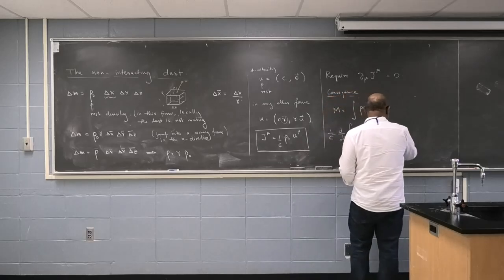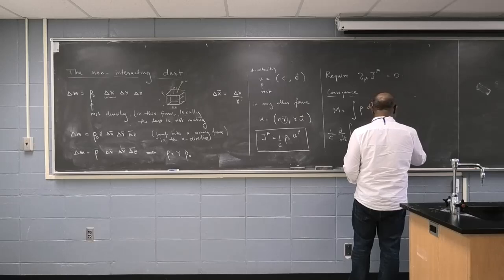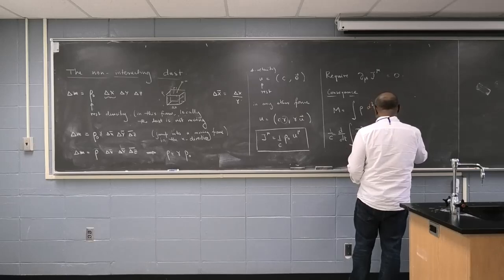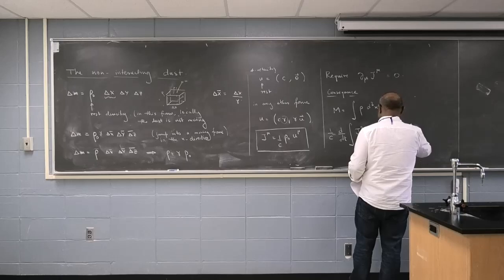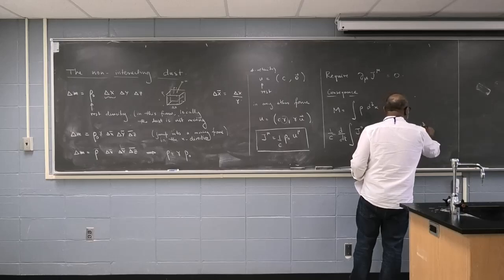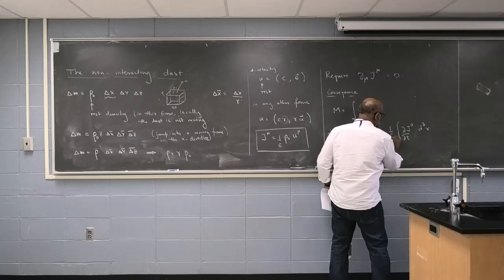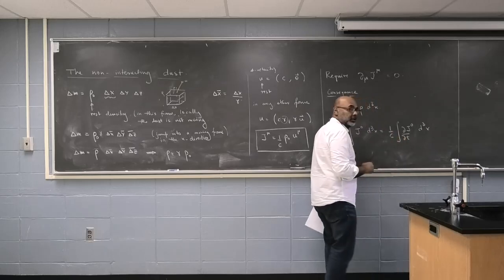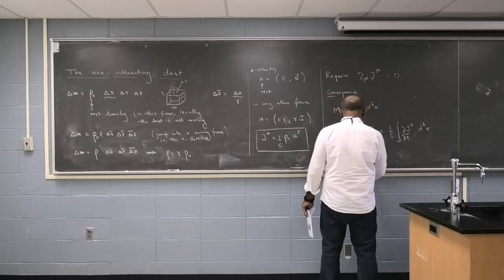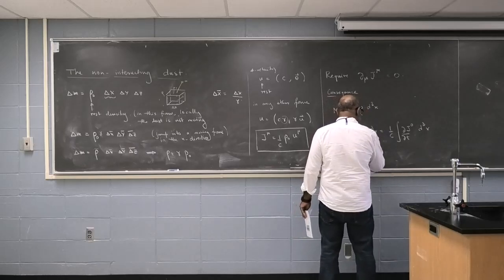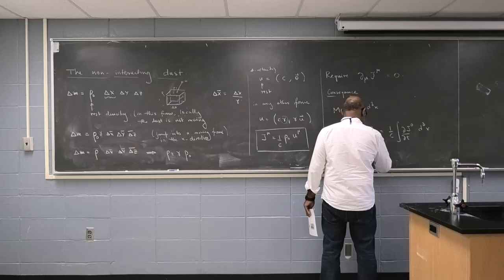That becomes a partial with respect to t of j0 d cubed x. Well, that's convenient, ct is the 0th component. And so that is equal to minus the divergence.